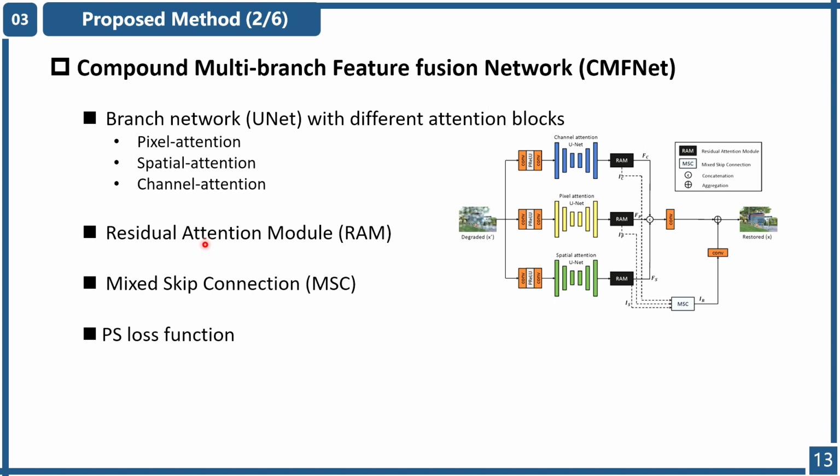Second, we employ a residual attention module as an improvement over the existing supervised attention module, achieved by removing the supervised loss calculation. Third, we introduce a mixed skip connection to replace traditional methods of aggregating or concatenating branch features. This employs a learnable coefficient for better integration. And lastly, we propose a specialized loss function that combines two metrics, PSNR and SSIM, to produce a perceptually accurate restored image.